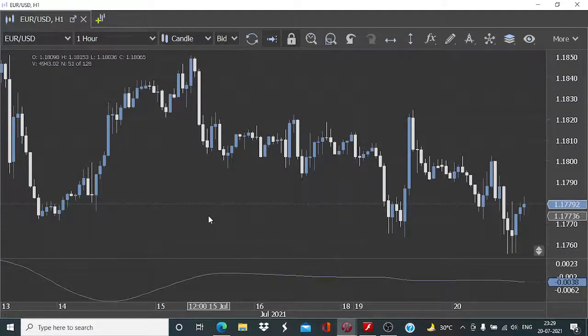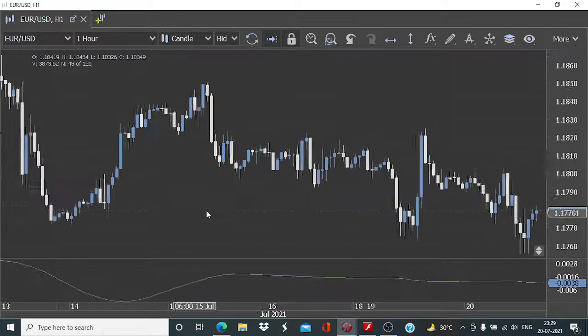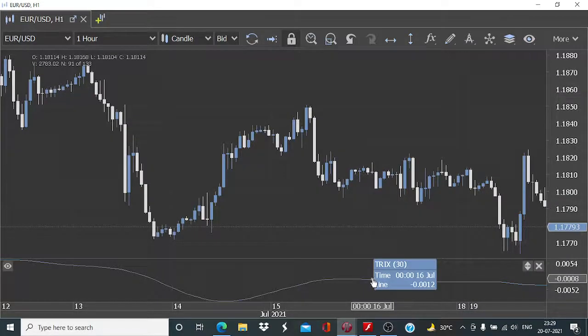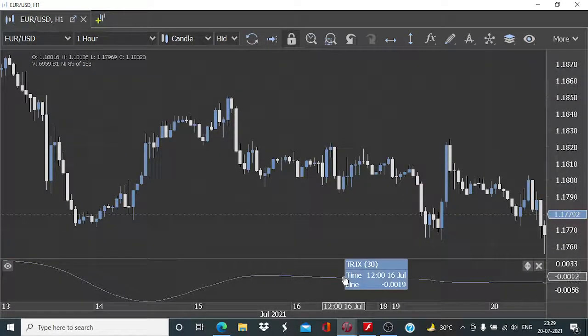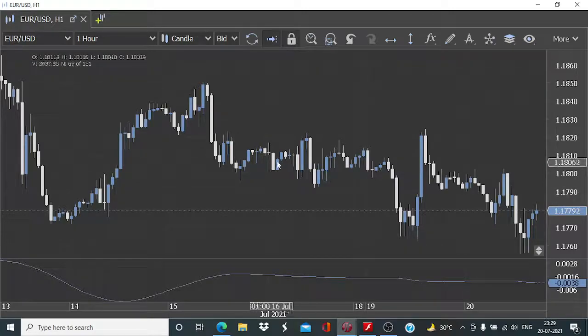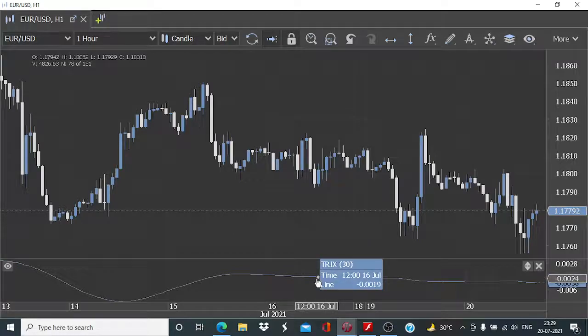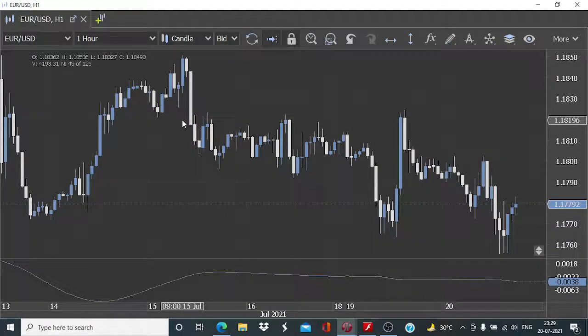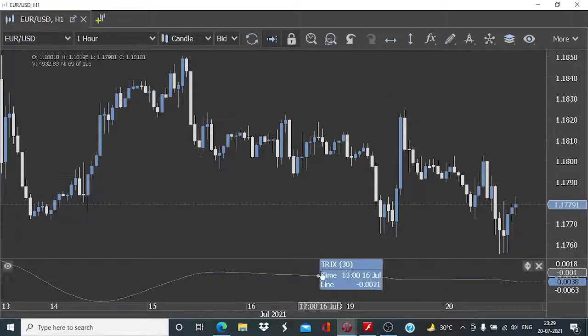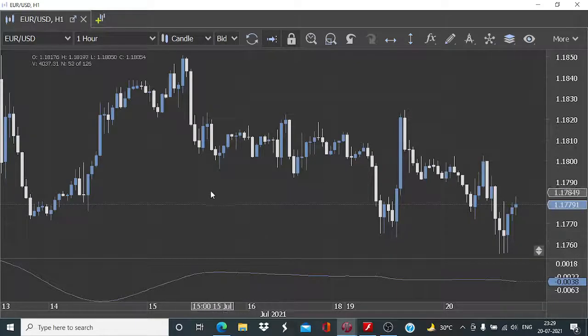As you can see from the line, we get a very smooth plotting for the TRIX, and even if there is some volatility in the price, that doesn't really get reflected immediately. Instead, we can take the larger trend into consideration and trade accordingly.